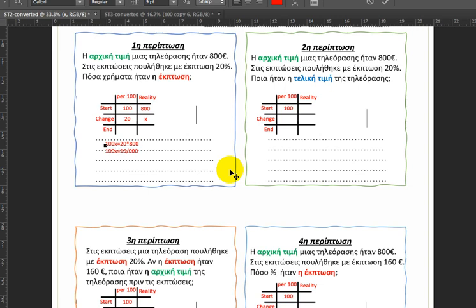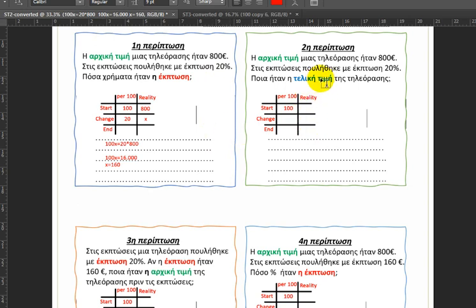Let's actually write this a little lower because you can't see it. So 100x needs to be equal to 16,000. If I divide both sides by 100, what I get is that x needs to be equal to 160. So I did not pay 160 euros.